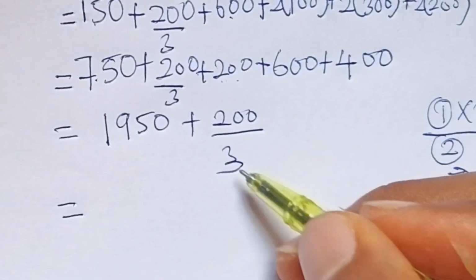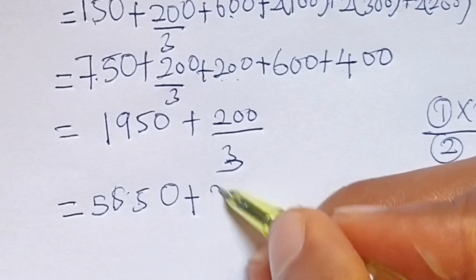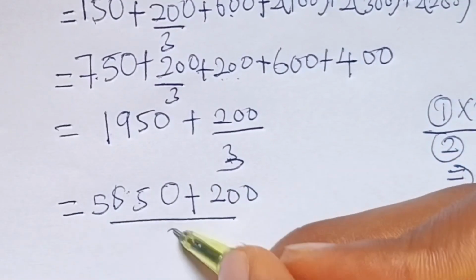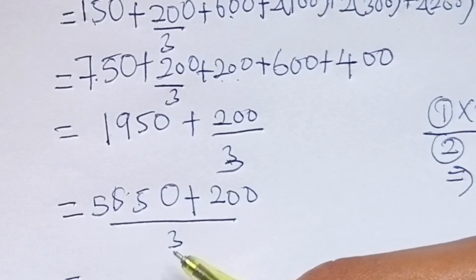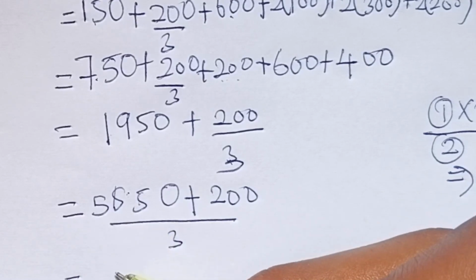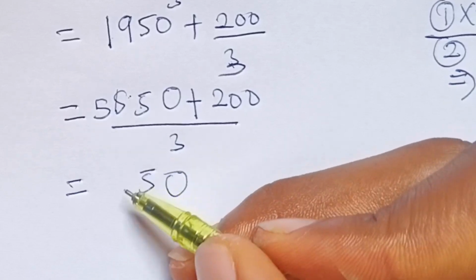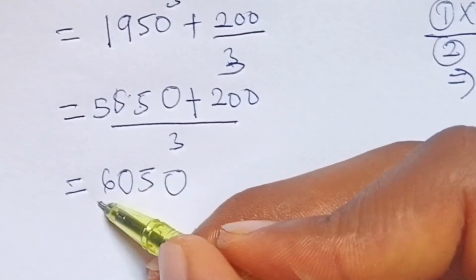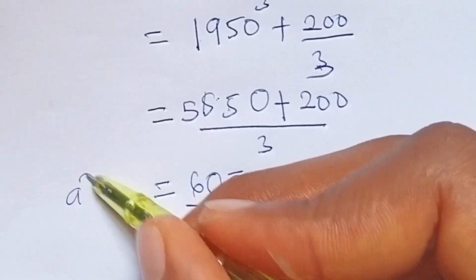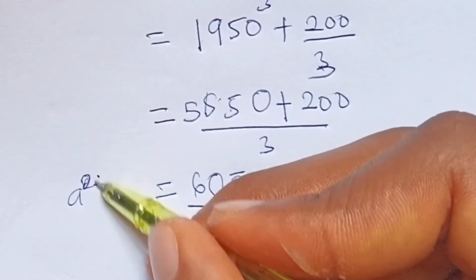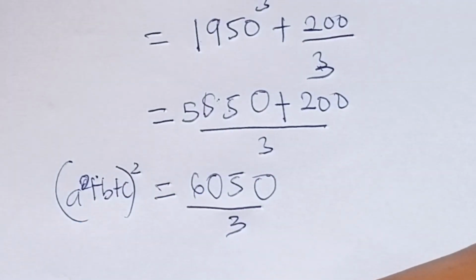This is equal to 3 times 1950 plus 200 all over 3, which gives 6050 over 3, equal to A plus B plus C all squared, remember.